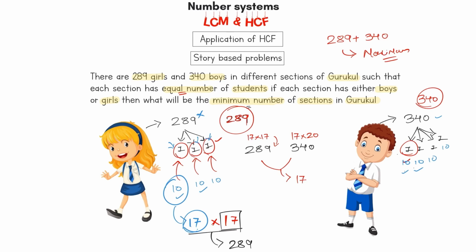And with 17 boys in each section, I form 20 sections, such that I can accommodate 340 boys. So how many sections did I make? 17 for girls and 20 for boys. So the total number of sections here is 37 sections, and that's what gives me the solution to this.